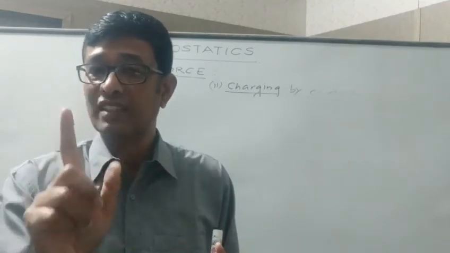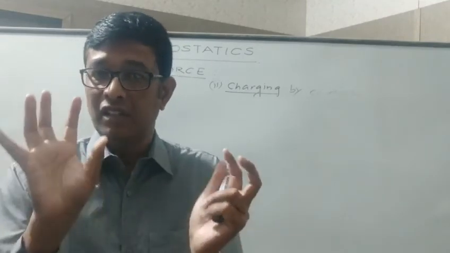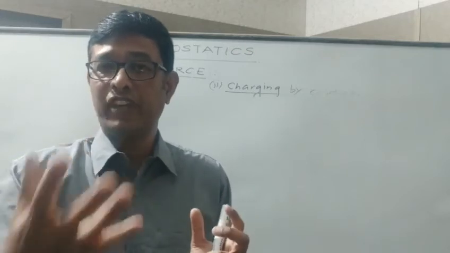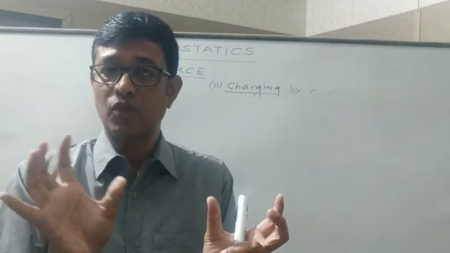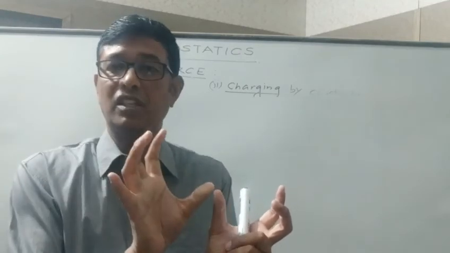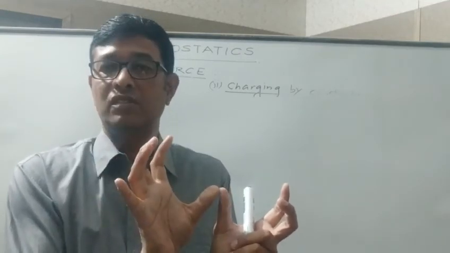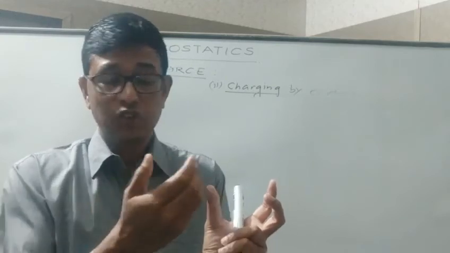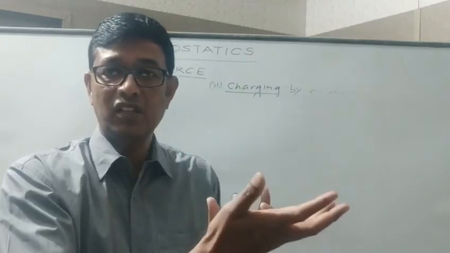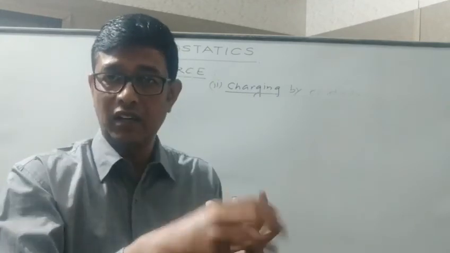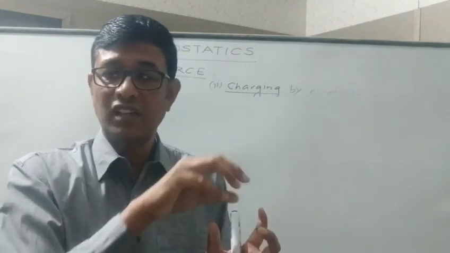So this is known as conduction. Conduction is the process of electrification of a body when a charged body is brought in contact with the uncharged body. It is just touched. It is due to the sharing of charge. And the body which was earlier uncharged will now acquire, after conduction, similar charge as that of the charged body.